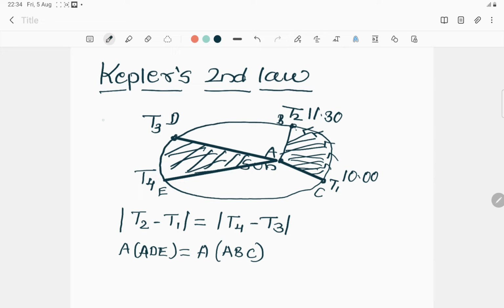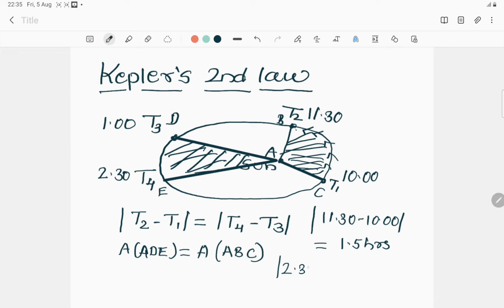Similarly, at time t3 it was 1 o'clock, and if you reach here at 2:30, okay, how much difference will you get? 11:30 minus 10, you will get 1.5 hours. Similarly, 2:30 minus 1, you will get 1.5 hours. So if the timing is the same, then the areas swept are also equal. That is Kepler's second law.